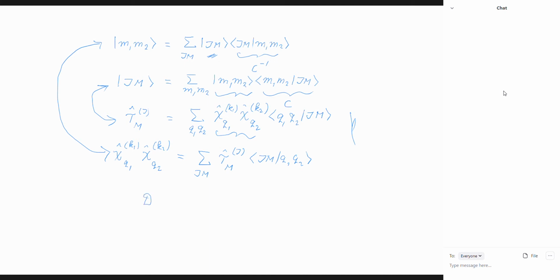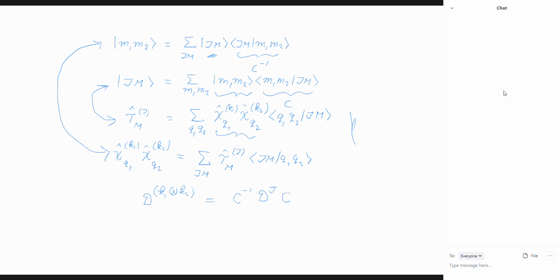If you have, let's say, Q1 times Q2, so that is the direct product representation, then you know that this can be decomposed into the irreducible components using the Clebsch-Gordan coefficients. We have talked about this when we discussed the addition of angular momentum. So it's exactly the same algebra, the same structure.